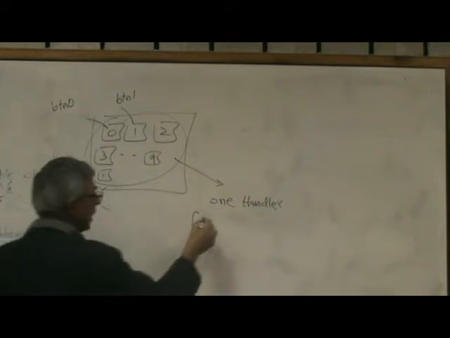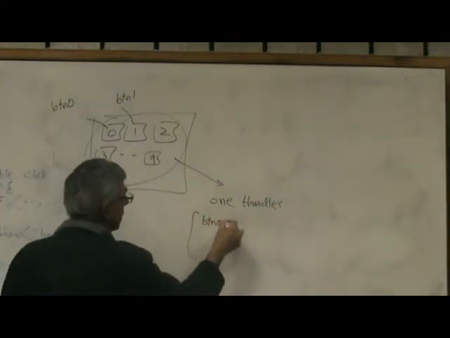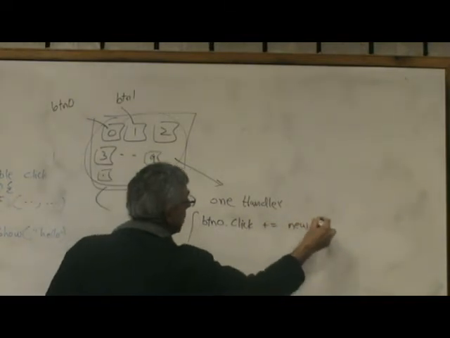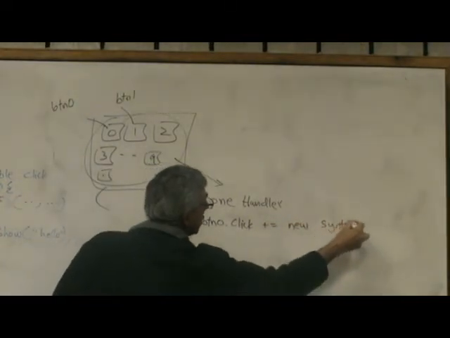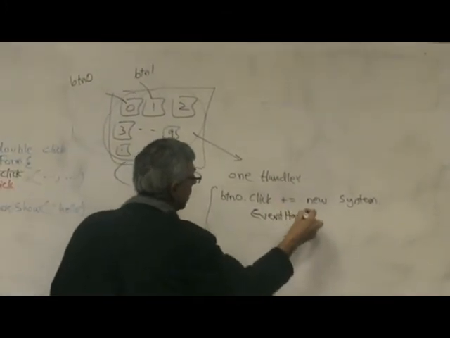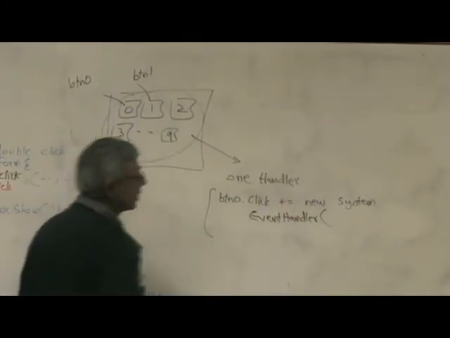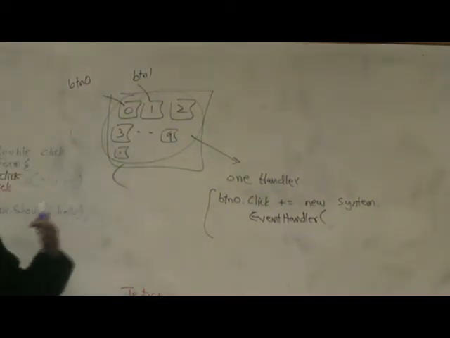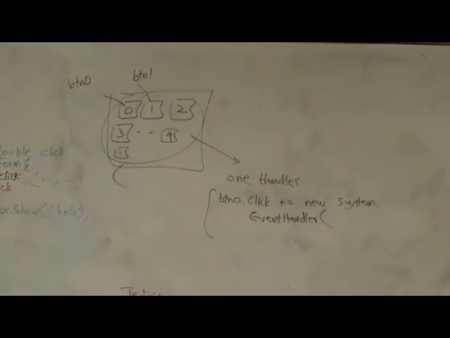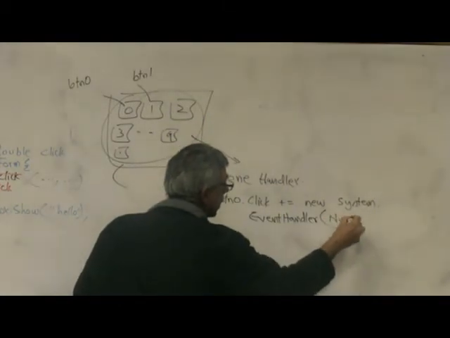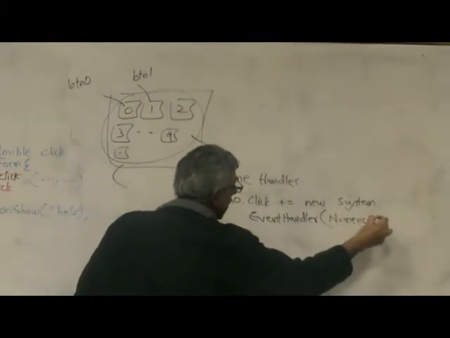It will be something like this: btn0.click plus equal to new System.EventHandler, right? And in the constructor, what will we do? Remember, EventHandler is the delegate. So in the constructor, we have to point to a function. Suppose we call it numeric key handler.